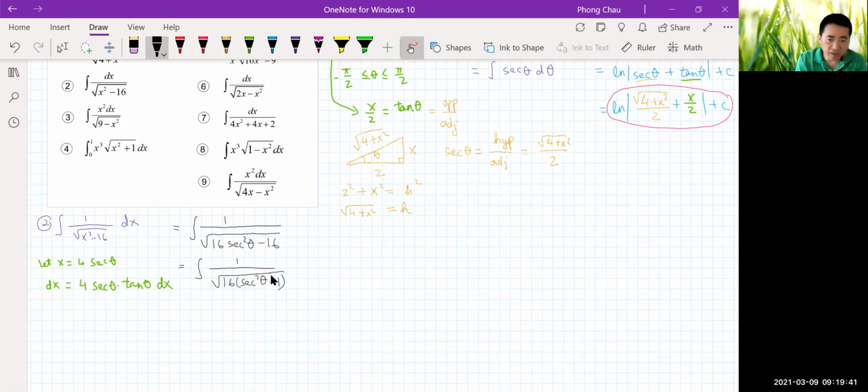And you see, I almost forgot one important part, which is the dx. You see this dx. So I have, I'm going to put it on the top. That's 4 secant times tangent theta d theta.